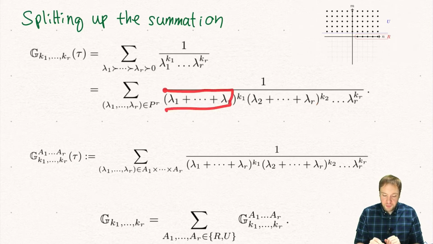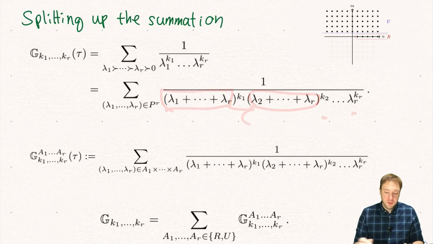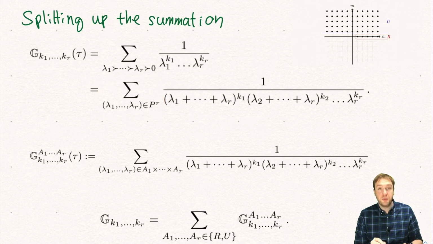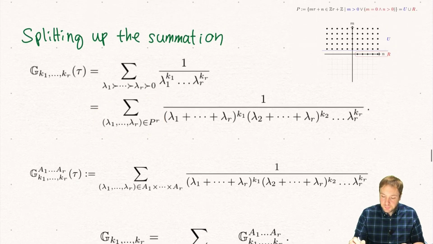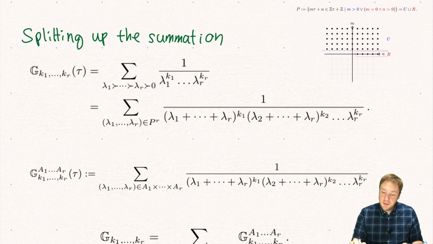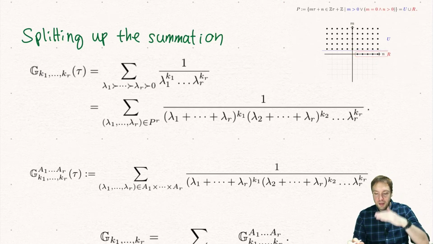And then of course this term here will be greater than this term, and so on. So now we have the sum over all tuples, lambda 1 up to lambda r in P^r, and P, recall here, P is the union of the set U, the lattice points in the upper half plane, and R, the lattice points on the real axis, so the points up and on the right.